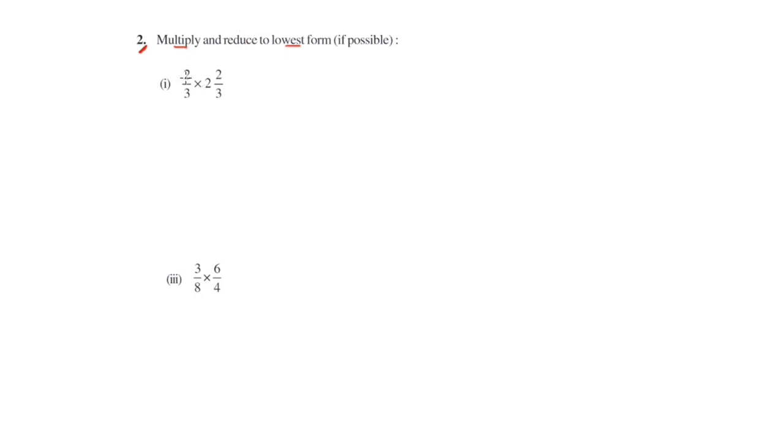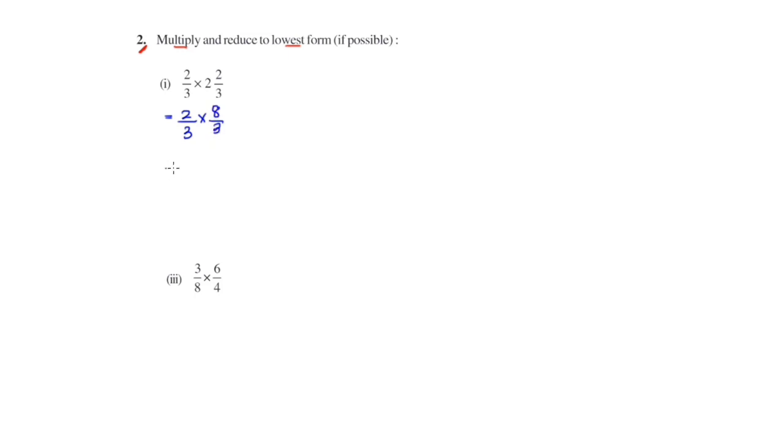Since you already know how to convert any mixed fraction into an improper fraction, we will write the first part of the fraction as 2 over 3 times, and first we multiply 3 times 2, then we add 2. 3 times 2 is 6 and 6 plus 2 gives 8. So we'll write 8 over 3.